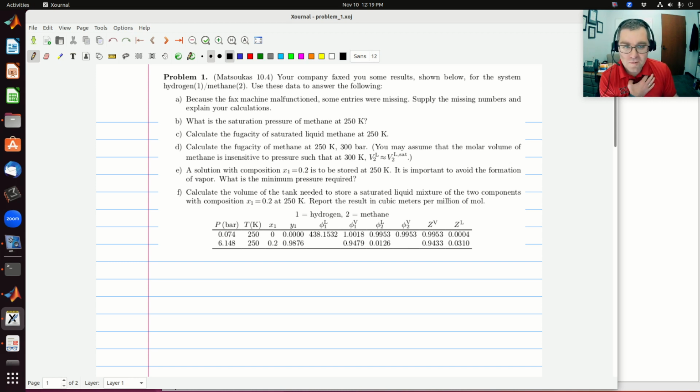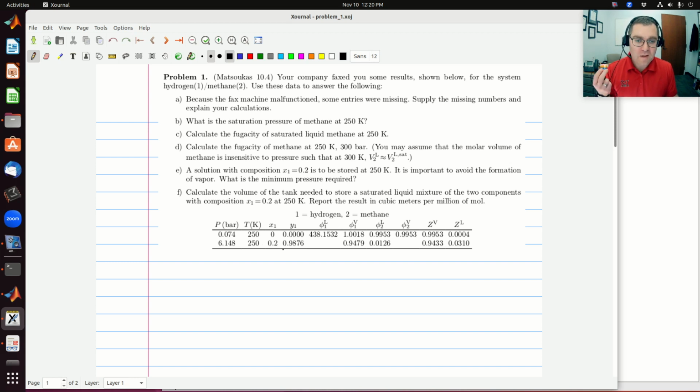All right, so first, if I look at the data in the first column, x1 is 0, y1 is equal to 0. So this is going to correspond to a system of pure component 2. When I look at this system, I have an x1 value and then a y1 value, which are different. But what this indicates to me is, since I have some component 1 in the liquid and vapor phase, that this must correspond to this binary system at two-phase equilibria.